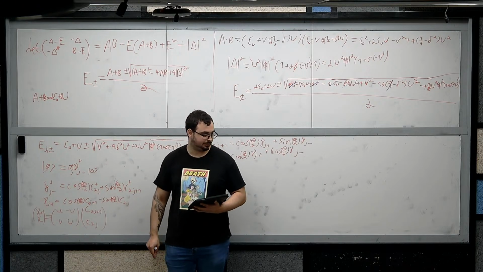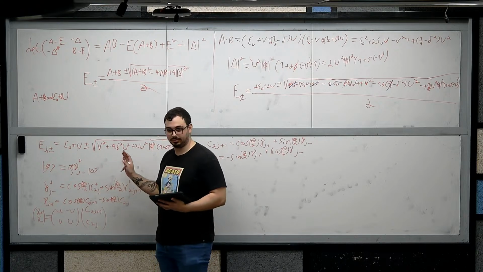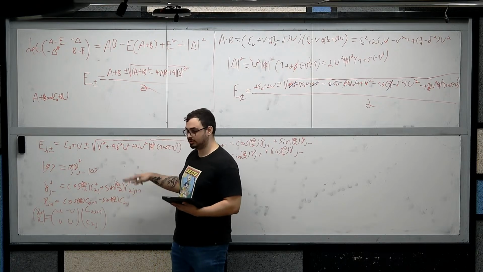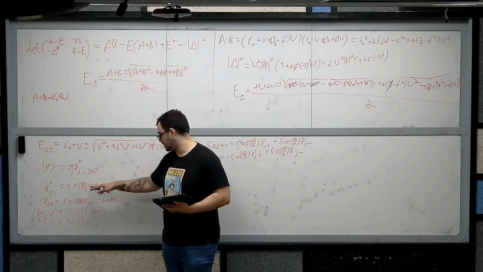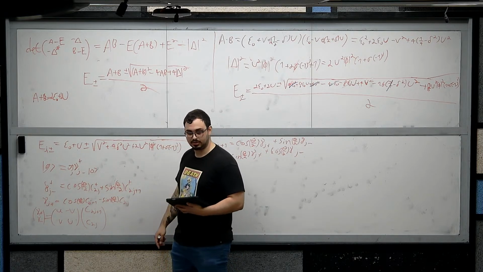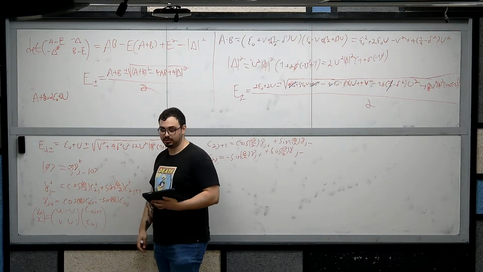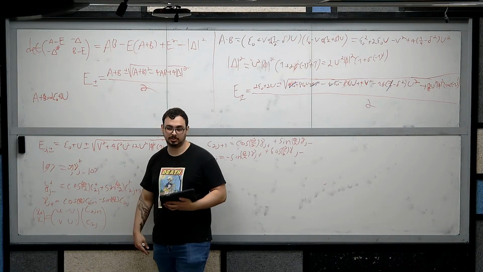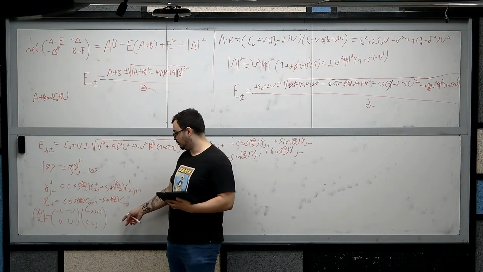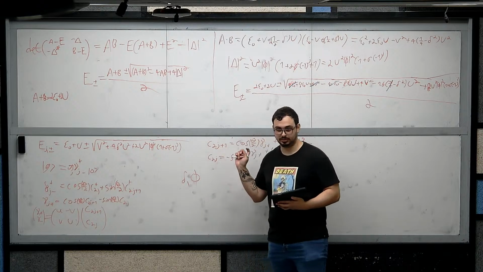Calculating it explicitly would be very long, so you shouldn't do it in a test. If you see something that has a squared plus squared equals 1, you should know immediately that it's Bogoliubov or similar to Bogoliubov. All these equations are directly from the notebook.